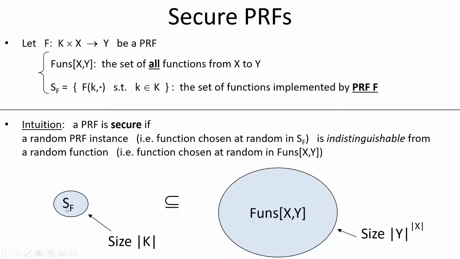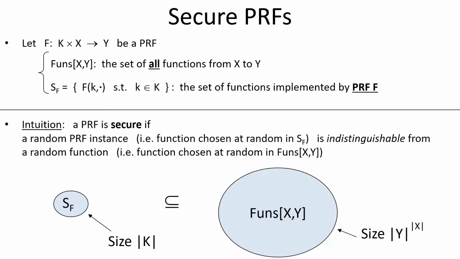On the left-hand side, you have a set of all functions that are defined by this PRF. Namely, it's a set of keys, and each key K determines the function. SF is the family of such functions, ranging over all keys K. In here, you have all functions from this domain to the range.